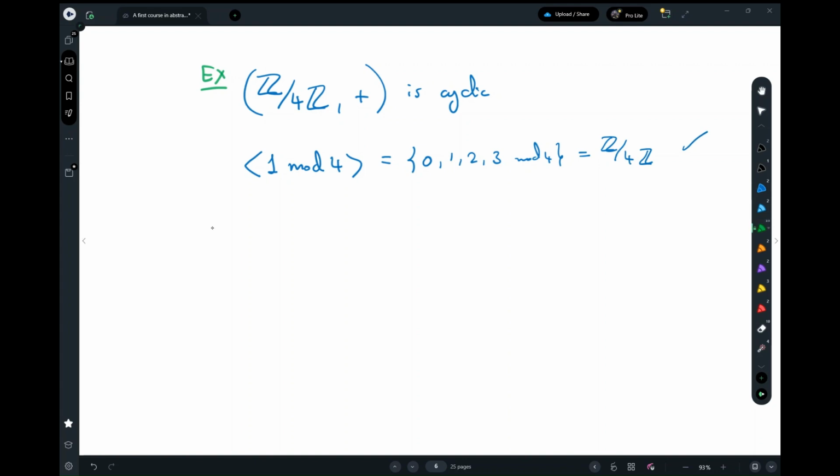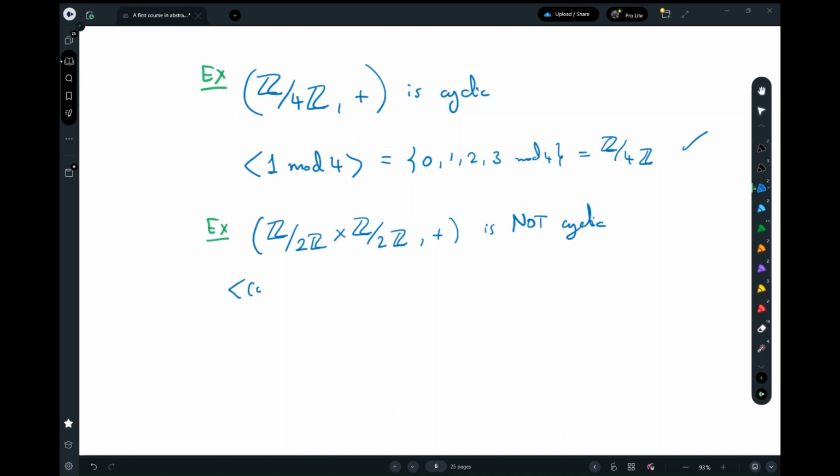How about, we've talked about this before, this other example of a group with 4 elements. Is this group cyclic? This one is not cyclic. And to prove that it's not cyclic, what I have to do is actually try to generate it. So I have to look at all the subgroups generated by one element and see if any one is the entire set.